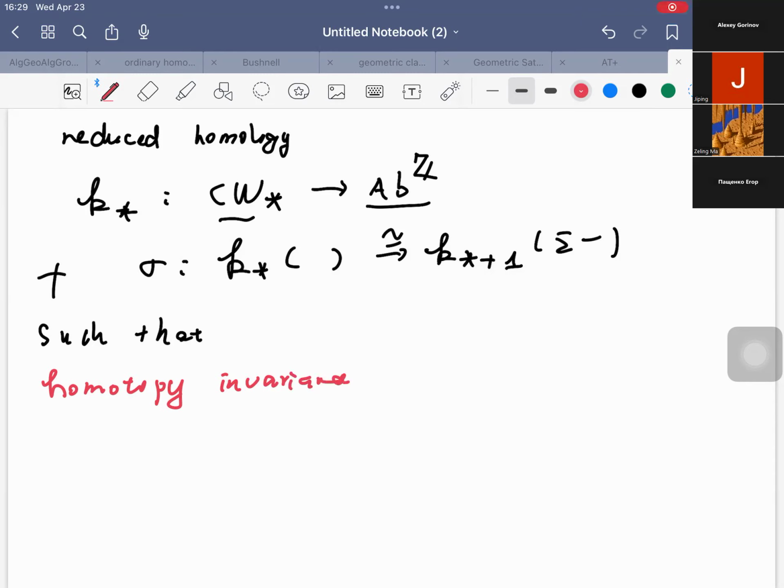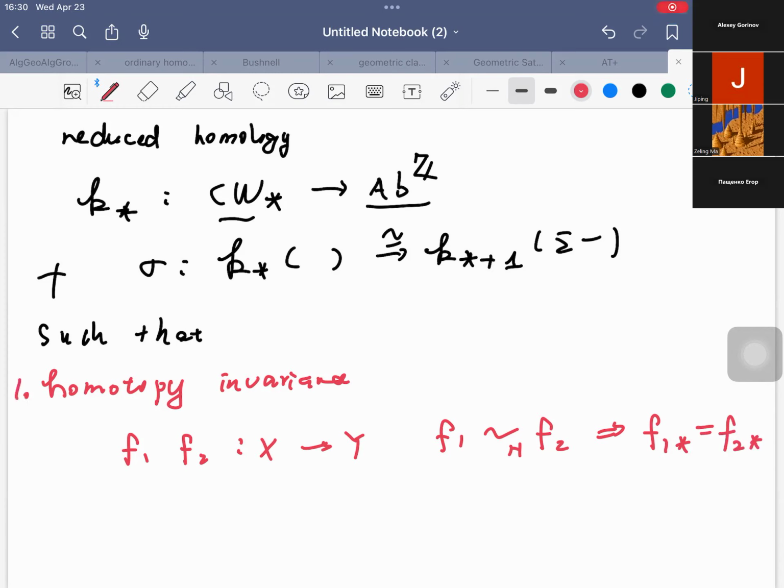That means if you have two maps between pointed CW complexes such that F1 is homotopic to F2, then you will get that in the abelian group they are equal.